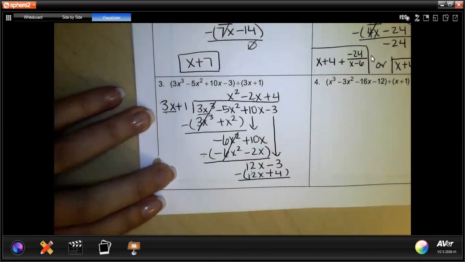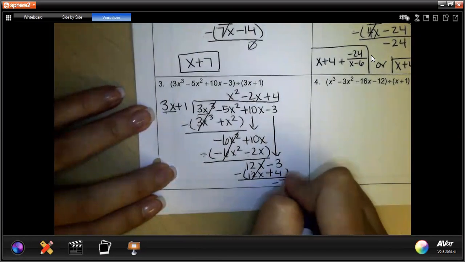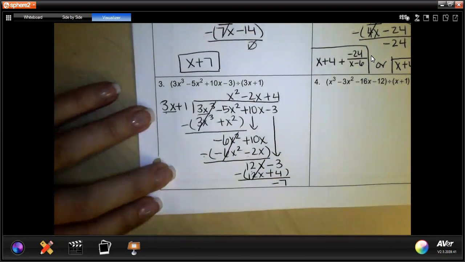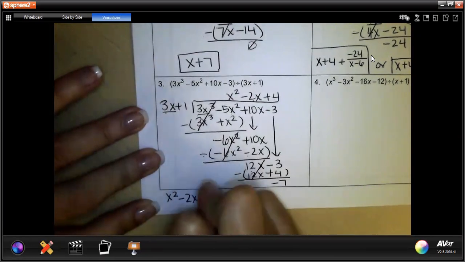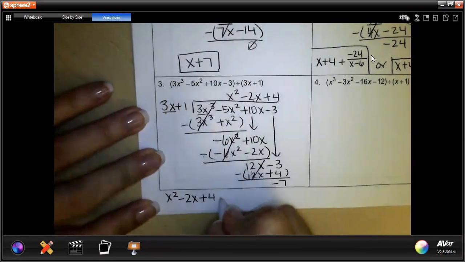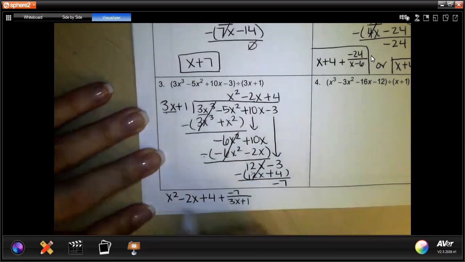And so 12x minus 12x is 0. That goes away. Negative 3 minus 4 is negative 7. And so my answer here would be x squared minus 2x plus 4 plus a negative 7 over 3x plus 1.